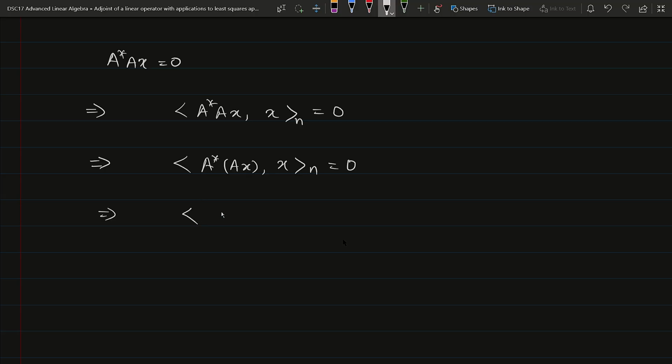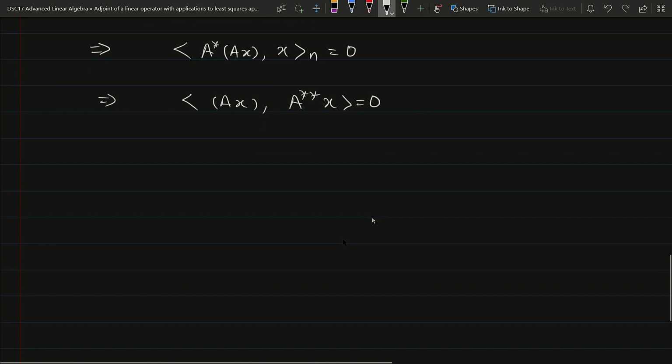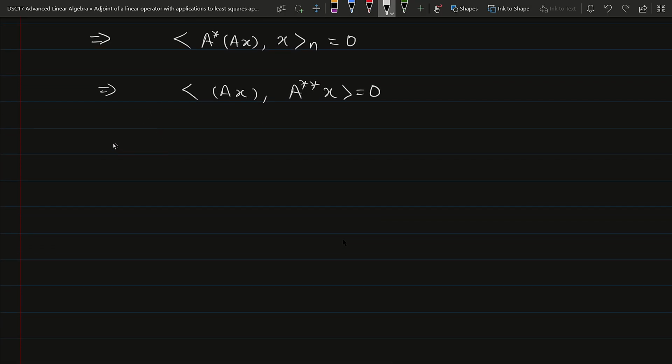So I will have A x comma A star star x, that is equal to 0. Now conjugate transpose of conjugate transpose is the same matrix, so this will be A x comma A x equal to 0 in Fm. Okay, that is also in Fm.